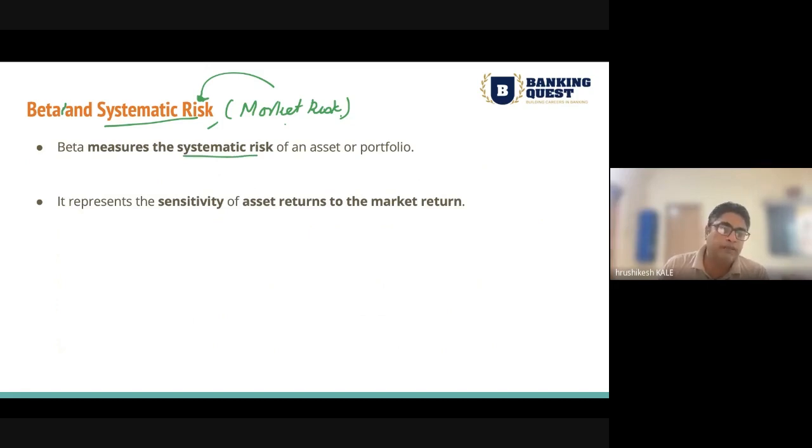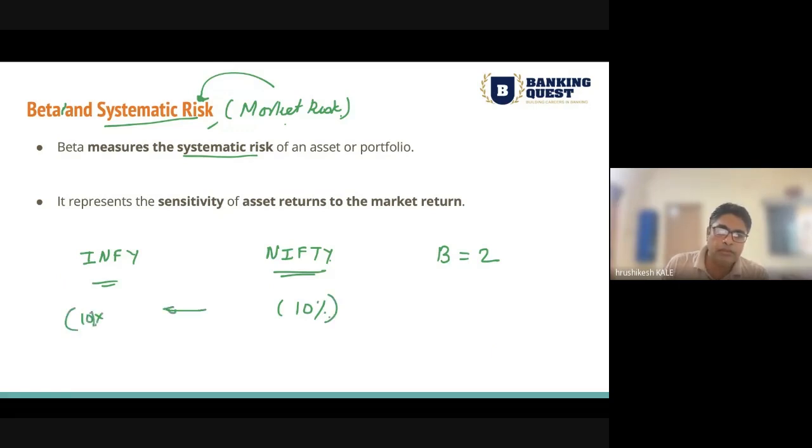So basically, beta tells us the relationship of any stock, let's say Infosys, with the market. What is the Indian market? The Indian market is Nifty. So beta of 2, what does that signify? It signifies that if Nifty increases by 10%, my Infosys will increase by 10% multiplied by 2, that is 20%. So beta shows us the relationship of your asset with the market.